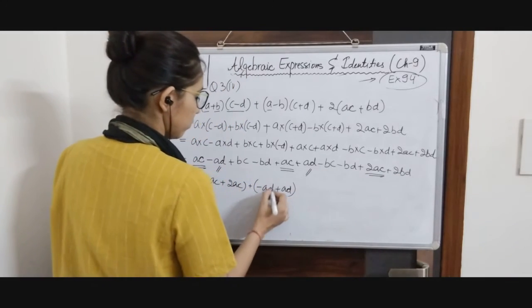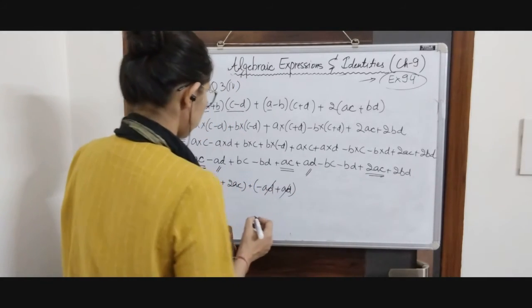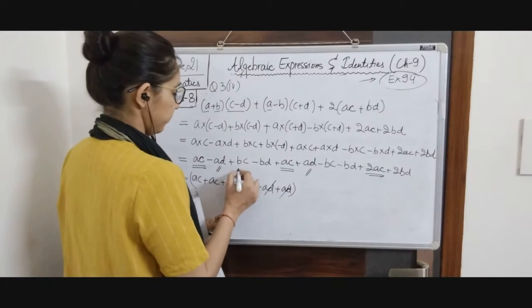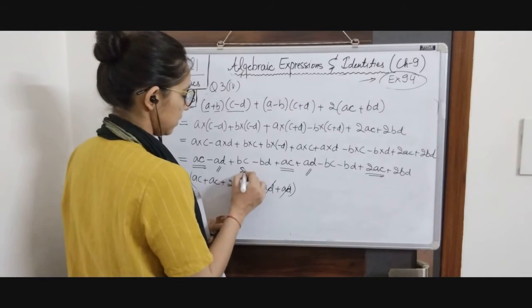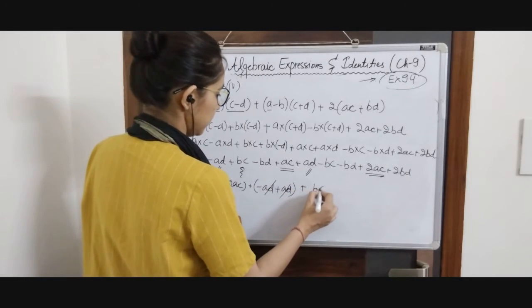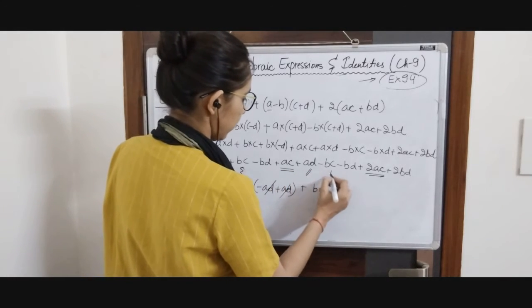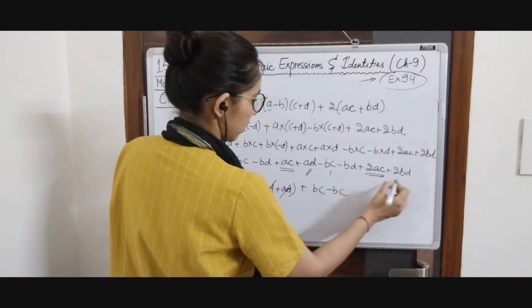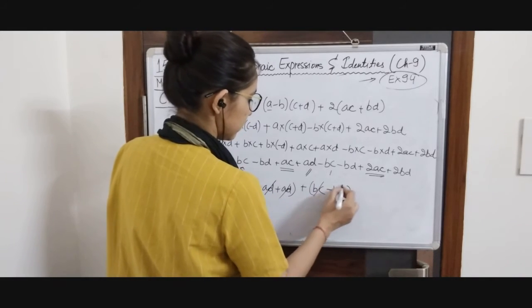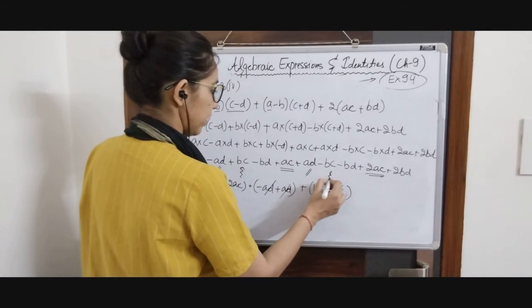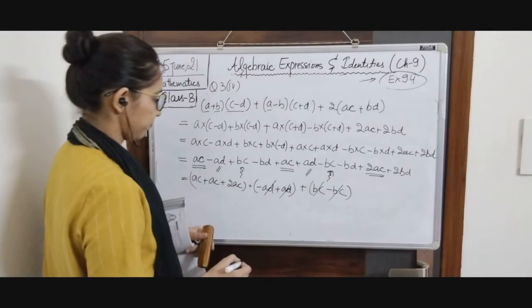No. So they will cancel each other. Then next is BC, so plus BC. The like term to BC is going to be minus BC. Another BC? No. So they will cancel out each other. We have taken these into consideration.